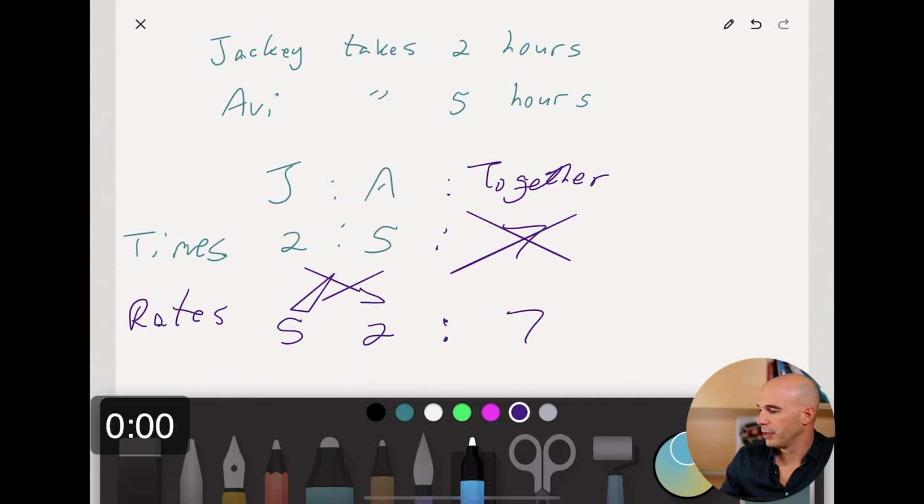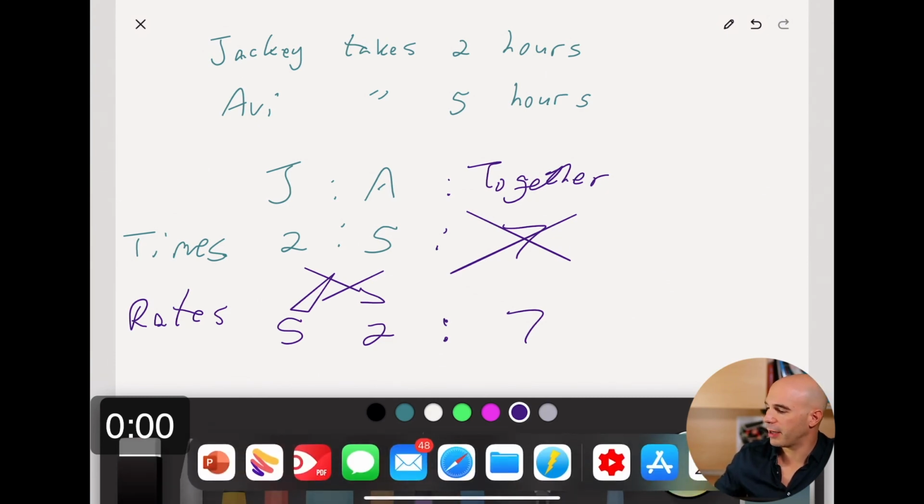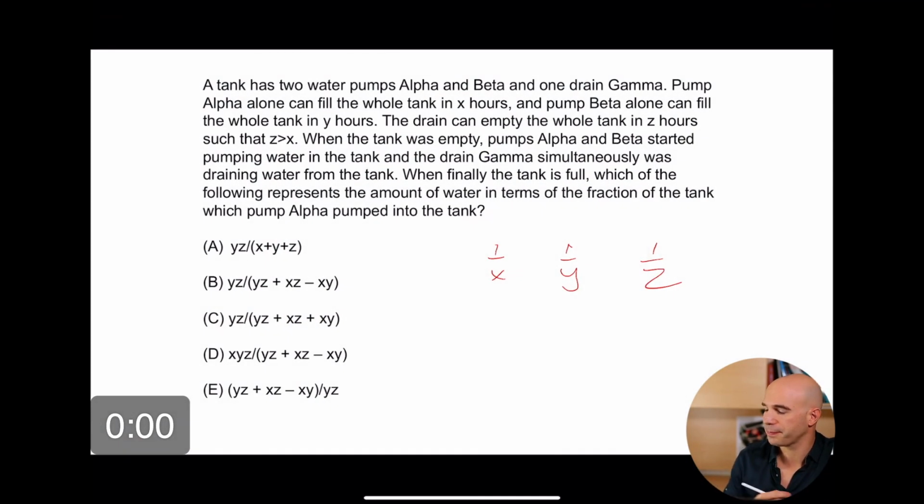So taking that understanding back to the Veritas Prep question, we have the rates. Really, we should call this minus 1 over z because it's a drain. It's doing the opposite work. And we wanted to know what fraction of the total amount of work alpha would have done.